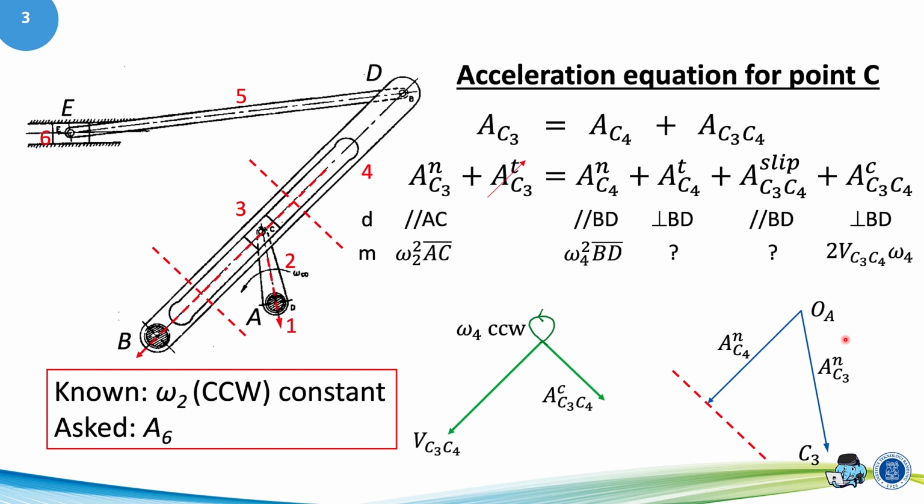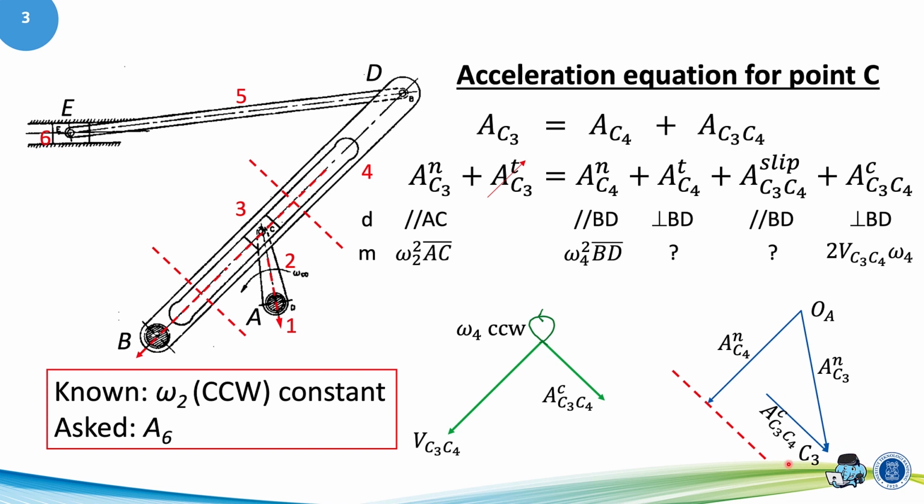Next we draw the direction of the AC4 tangential that is perpendicular to the bar BD, and then we draw the vector of AC3C4 Coriolis, but not after the AC4 tangential, not after AC3C4 slip, but in this position. Why? Because we still don't have the direction of the vector of C3C4 slip.